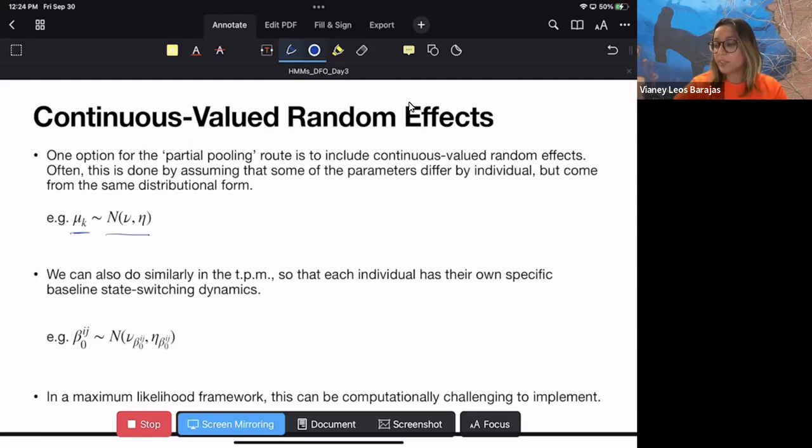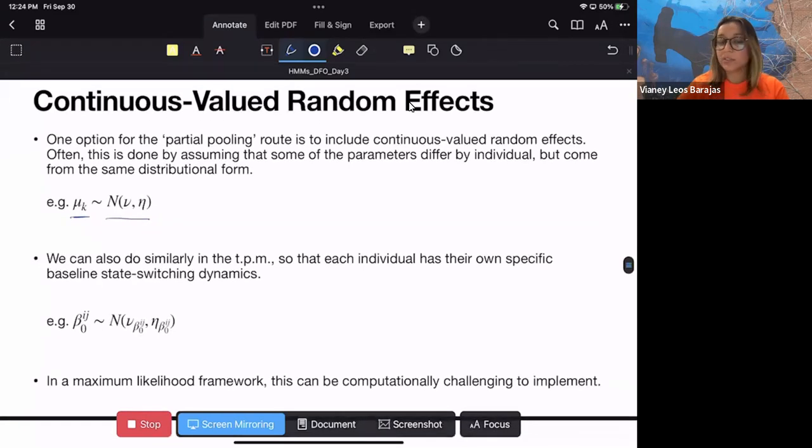We can also do this similarly in the transition matrix so that each individual has their own specific baseline state switching dynamics. And so often what we care to vary is really the baseline, simply the beta zeros. We generally don't vary the beta ones or anything else that's associated with a covariate.